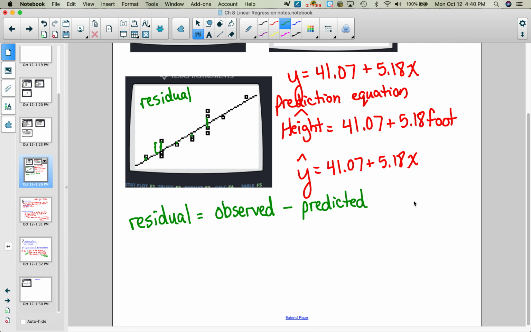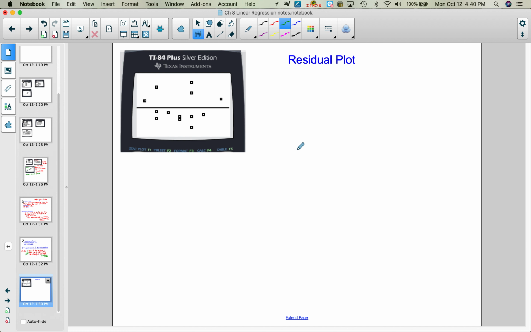Sometimes the residual is positive, because if my observed value is above the line, then observed minus predicted is going to be positive, so that would be a positive residual. If the data point is below the line, then observed minus predicted is going to be a negative value, so that would be a negative residual. These are all called residuals. This last screen that I have shows something called a residual plot, and I'm going to show you how to create that on your calculator.